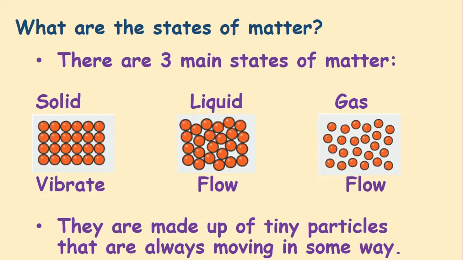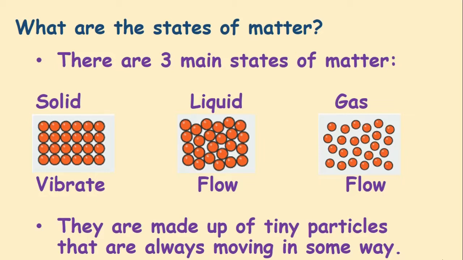The solid particles are in a regular arrangement. You can see that they are in rows and columns, so straight, and that means that they are in a regular arrangement. On the other hand, liquid and gas particles are in a random arrangement.